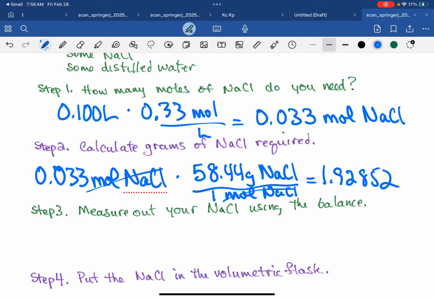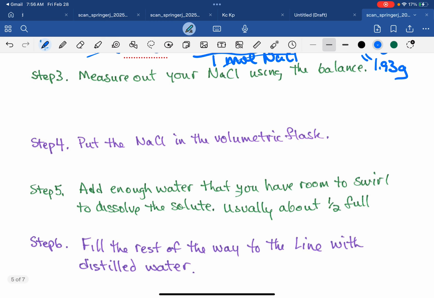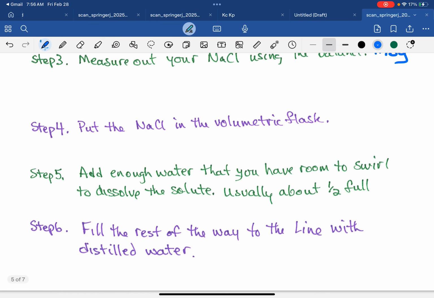We started with 2 digits. We should end with 2 digits, I believe. So we could say 1.9 grams. Our scales, though, will go 2 decimal places, so I might try to get to 1.93 if I'm doing that in the lab. So we're going to measure out 1.93 grams using the balance. We'll put that in the volumetric flask. We're going to add enough water so we can get it to dissolve, and then add the rest of the way up to the line.